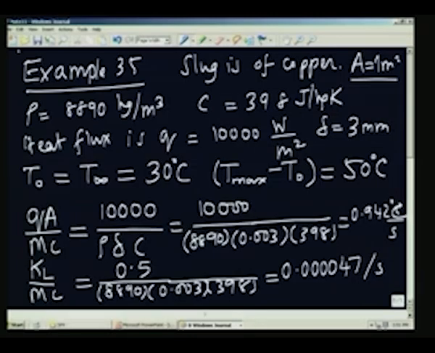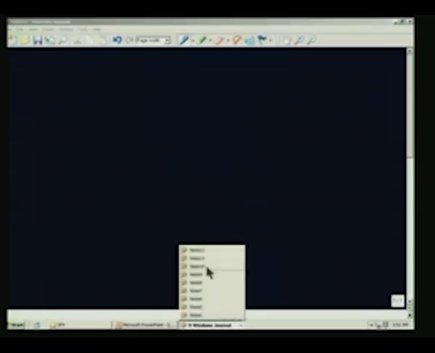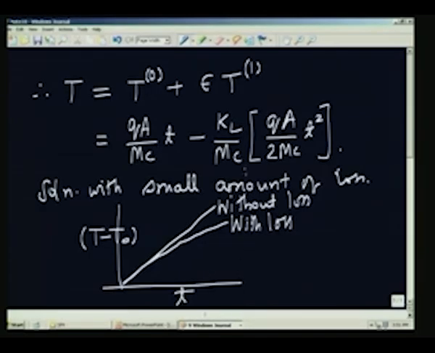So, all I have to do is to now substitute into the solution. If you remember, the solution is T is equal to, or we will go back and write it from the beginning. I think it was somewhere here. The solution is given, T equal to QA by MC into T minus KL by MC into QA by 2 MC T squared. So, what I have to do is put T equal to T max.